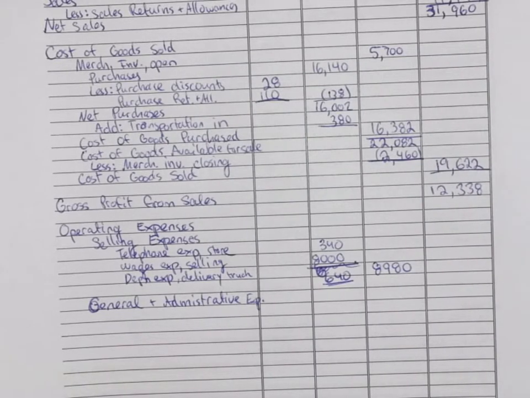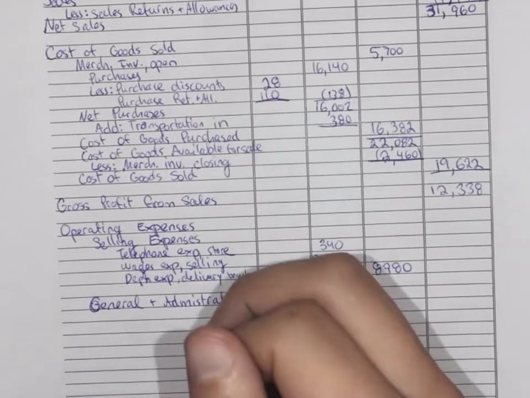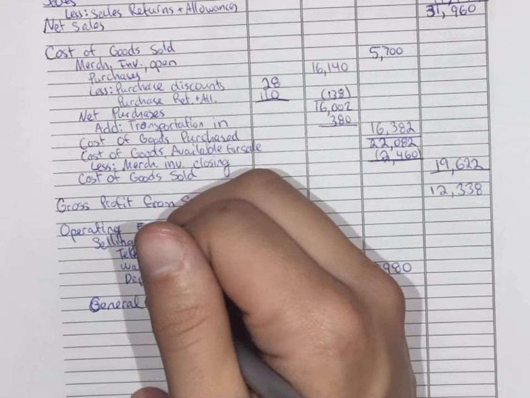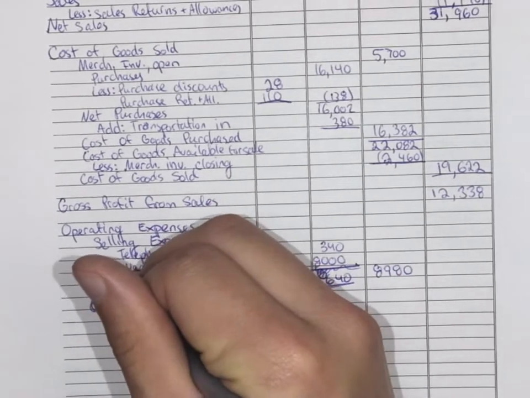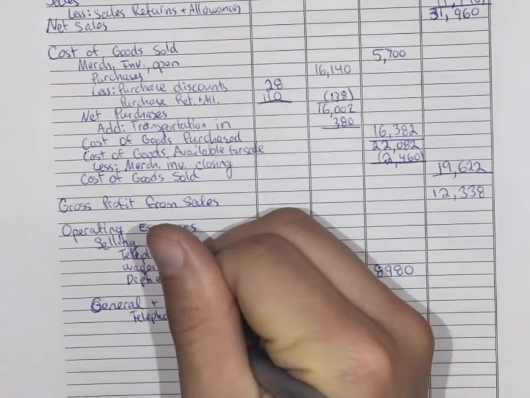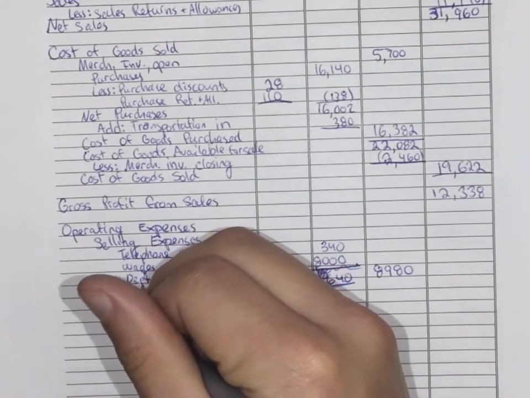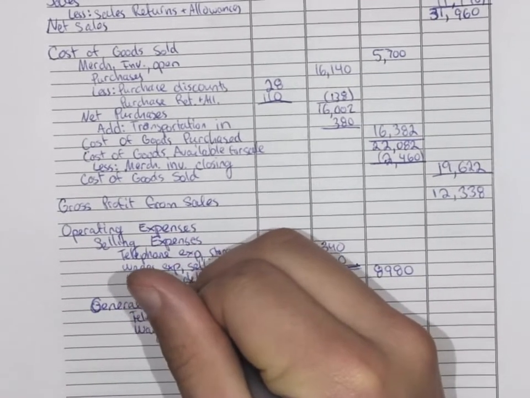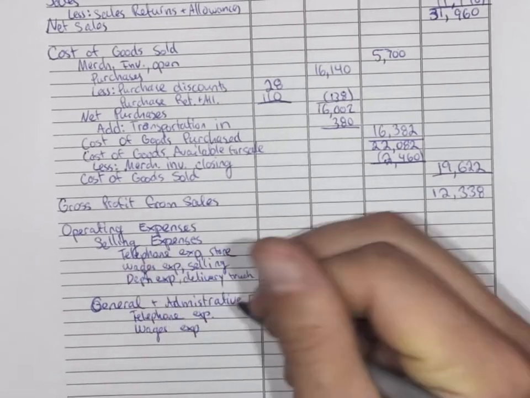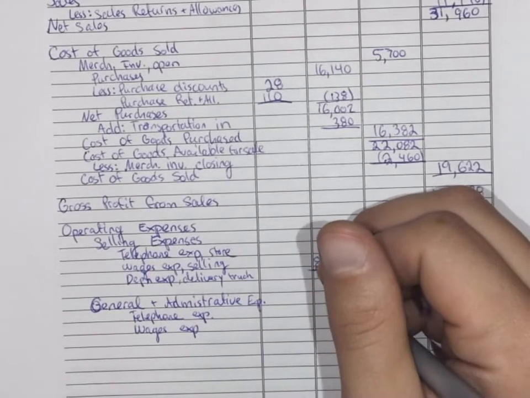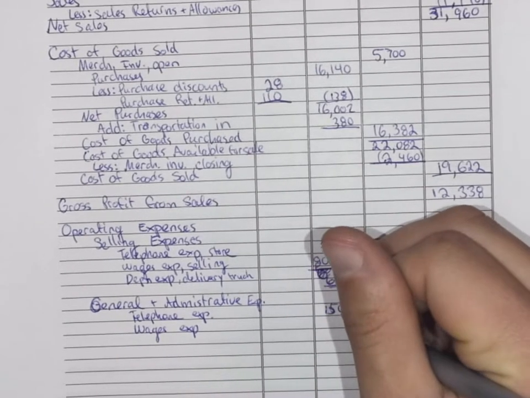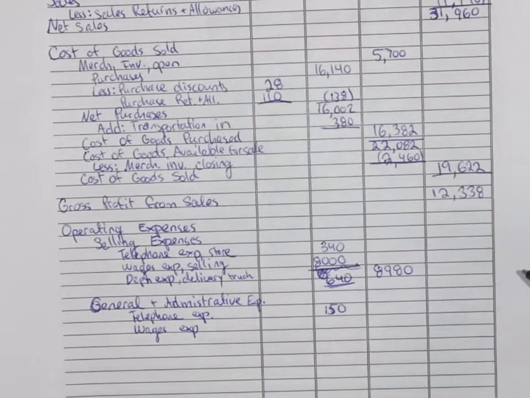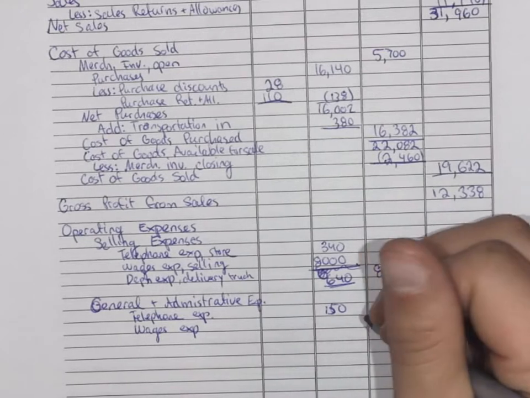We'll get to interest in a moment. Right after that I'll show you where that interest goes. Telephone for the office is $150, and the wages for the office is $4,900.